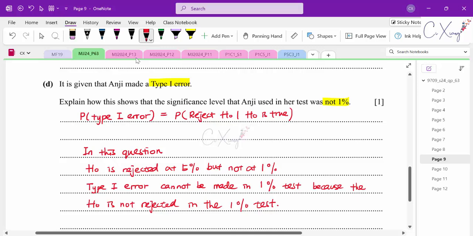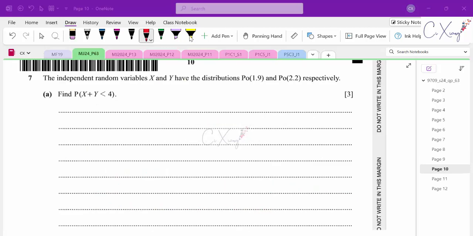So this is basically how we explain it, and this is how we solve question number 6.